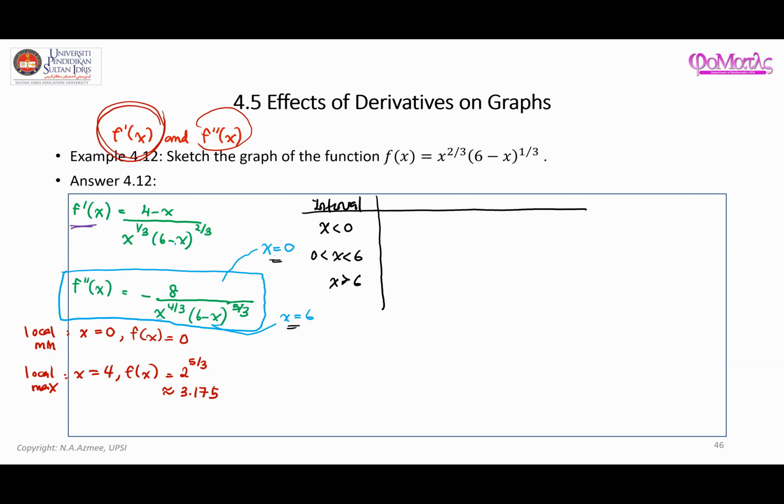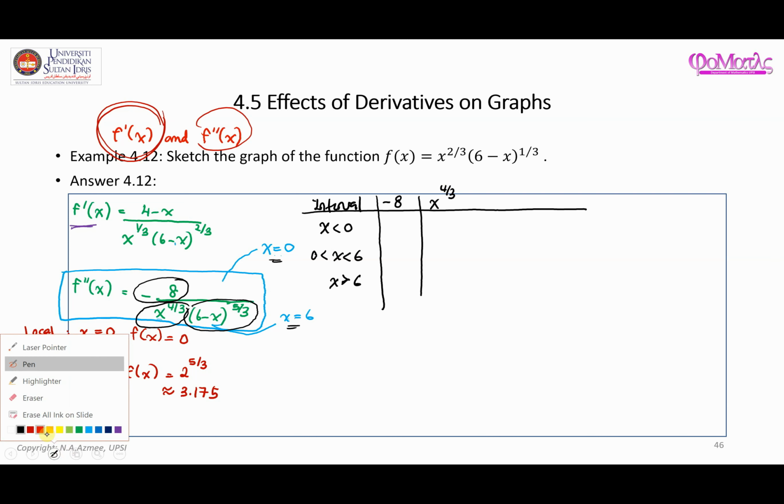Next, in order to understand the behavior of the second derivative, we are going to consider the factors that we have here. The first one is -8. This one is x^(4/3), and this one is the term that you have over here. So I'm going to write down -8, x^(4/3), or I can write it as (x^(1/3))^4, it's the same thing.